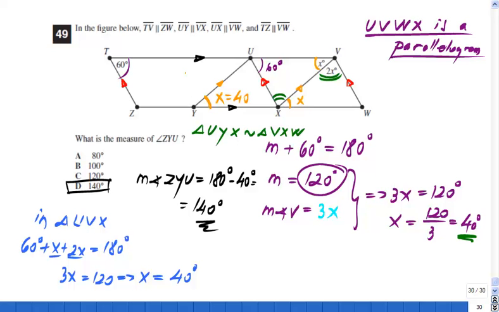We found what is x. We know x is 40. All I have to do is to take that 40 away from 180 because my angle ZYU plus angle UYX is 180, which means this angle here would be 180 minus 40, 140 degrees, and that's probably a faster way than the way we used.